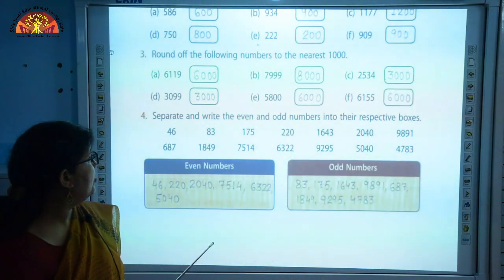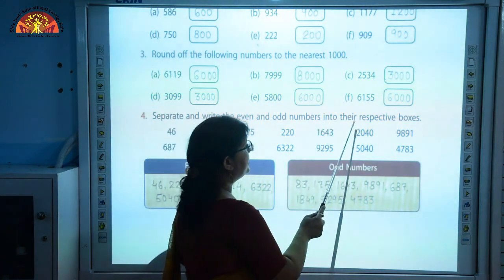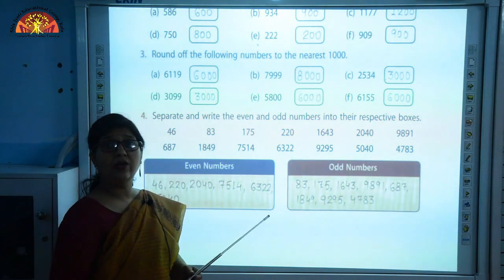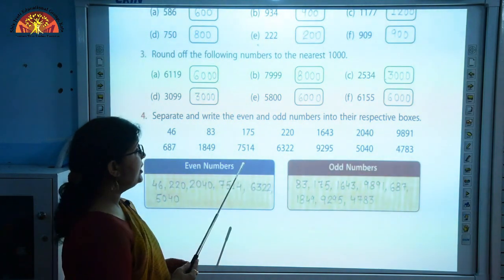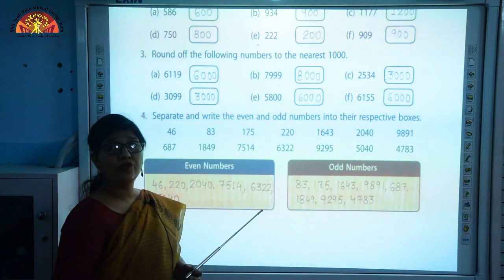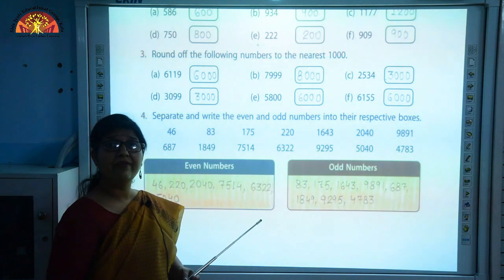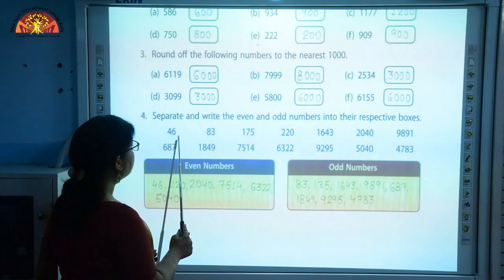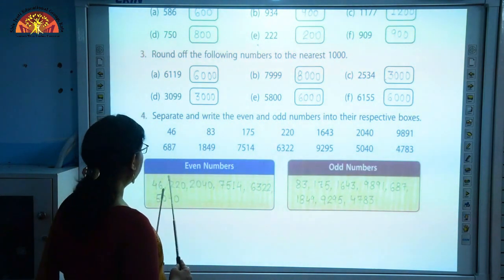Now question number 4 is separate and write the even and odd numbers into their respective boxes. You identify even numbers and odd numbers by observing their ones place. I already told you if ones place has 0, 2, 4, 6 and 8, then the number is even, and if ones place has 1, 3, 5, 7 and 9, then the number is odd. So 46, ones place is 6, so this number is even, so we write in this box.